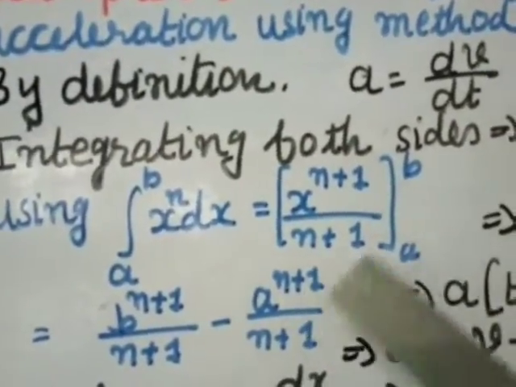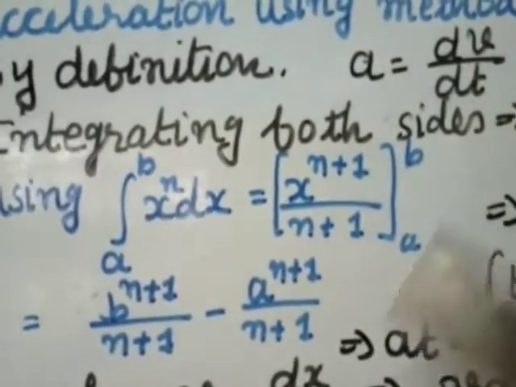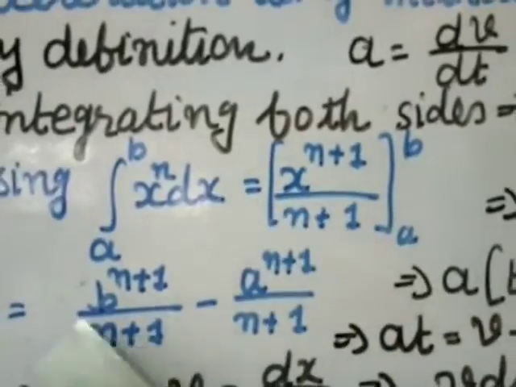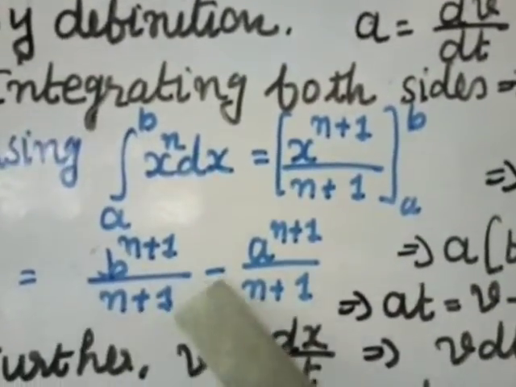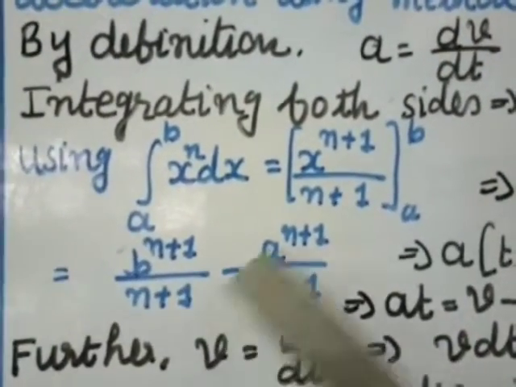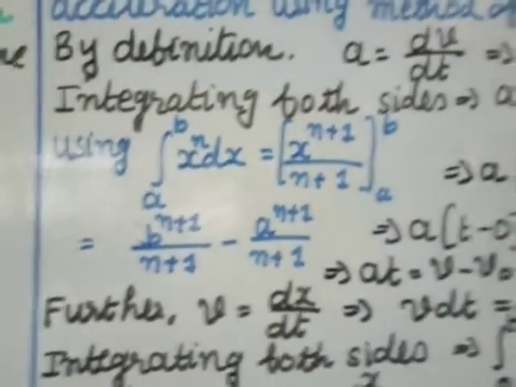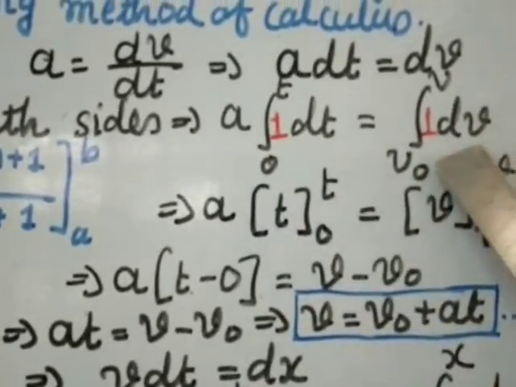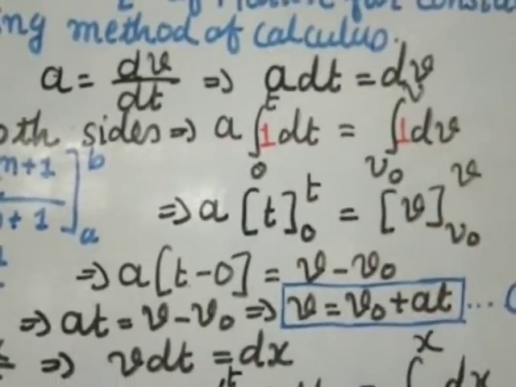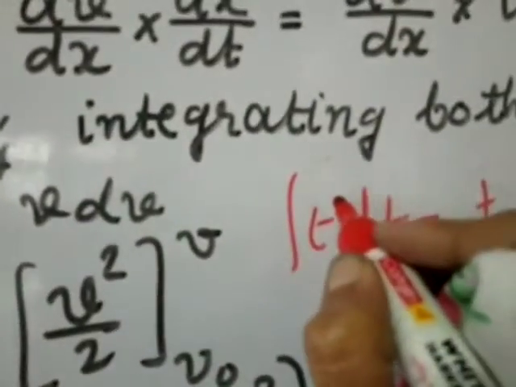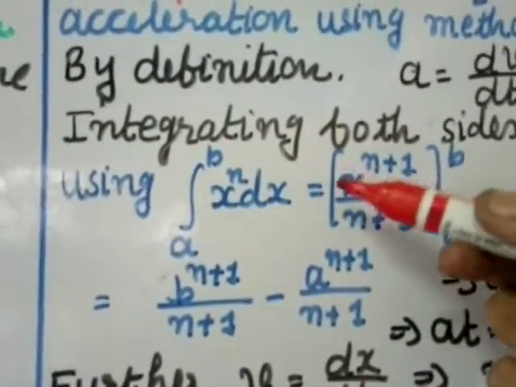You have to apply the limit: instead of x you put b, the upper limit first, so b power n plus 1 divided by n plus 1, minus a power n plus 1 divided by n plus 1, with the lower limit put in place of x. Now this we have to do with respect to t, and this with respect to v. Here 1 is there, which means the power of t is 0. So you put here t power 0, and now you use the same formula, x power n plus 1.